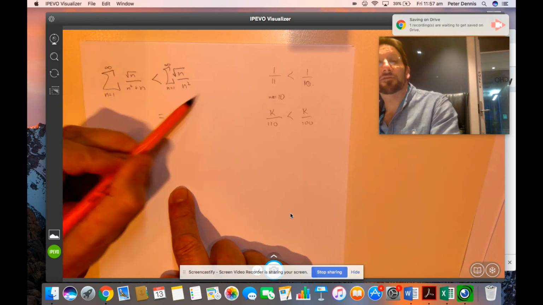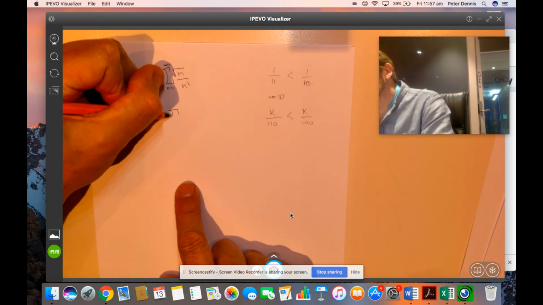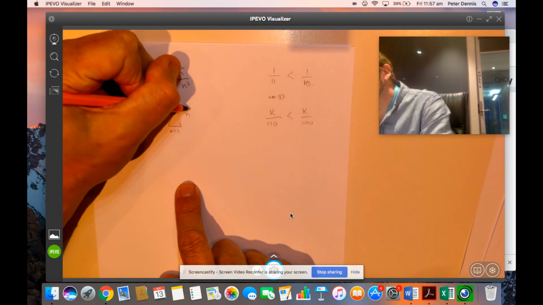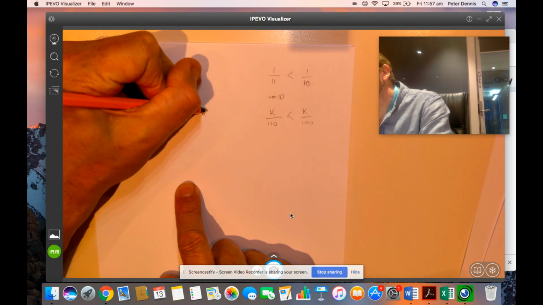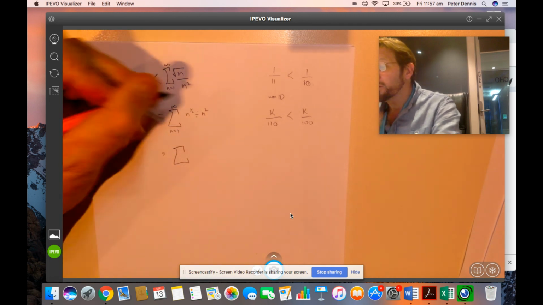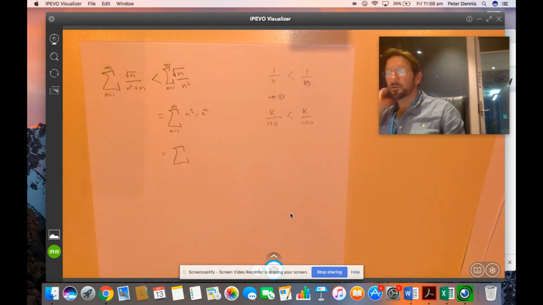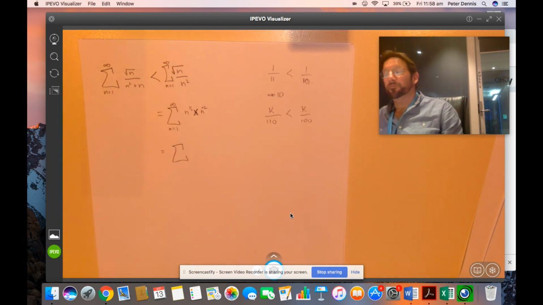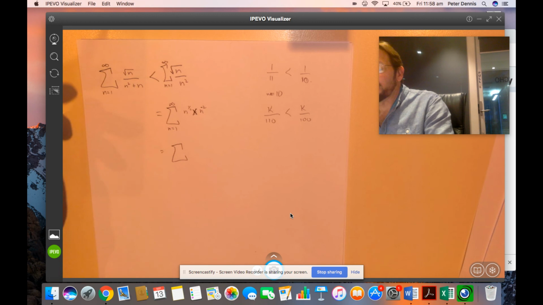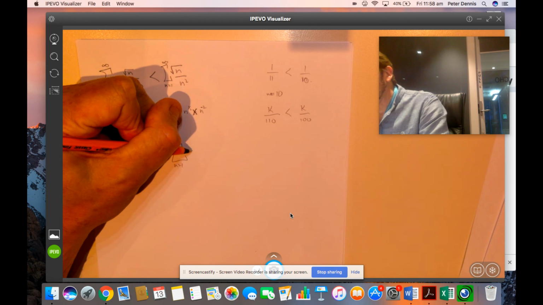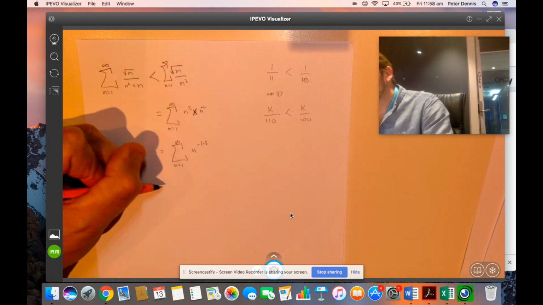Okay, so let's see if this is convergent. We've got the sum, as n equals 1 to infinity, of n to the power of a half divided by n squared, which equals n to the power of minus 1.5.